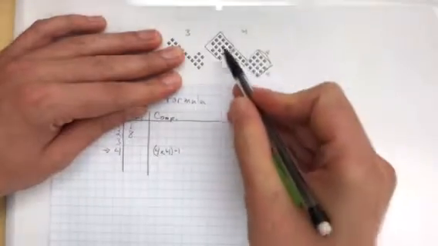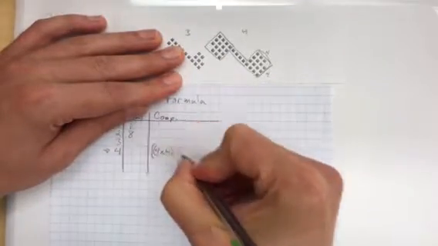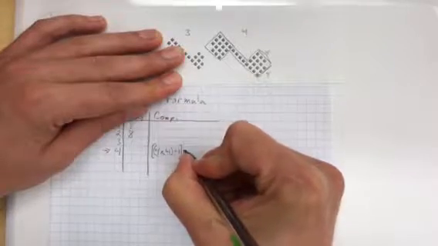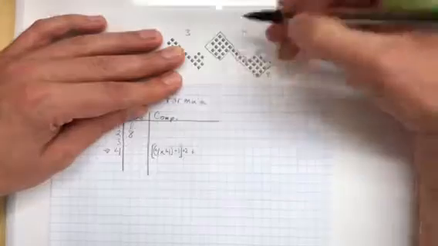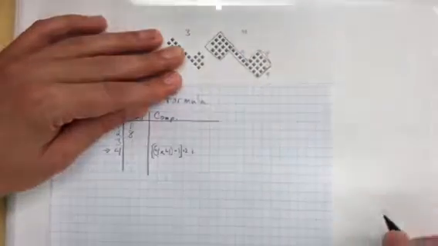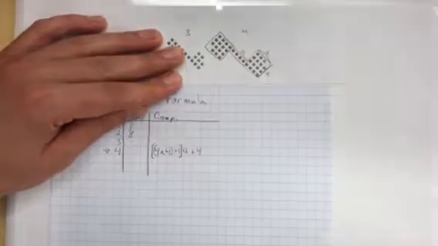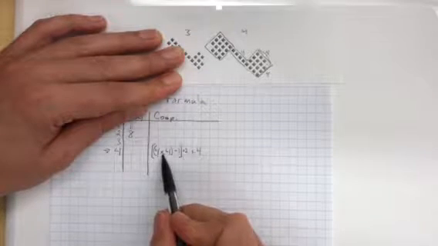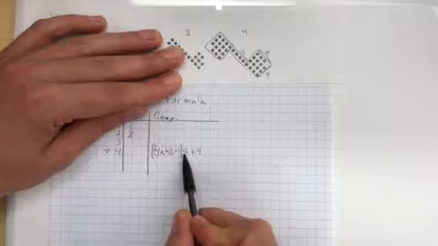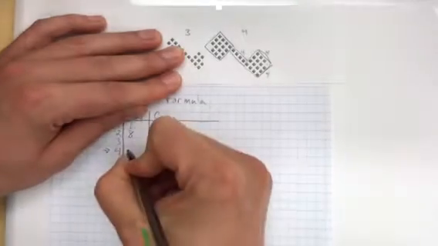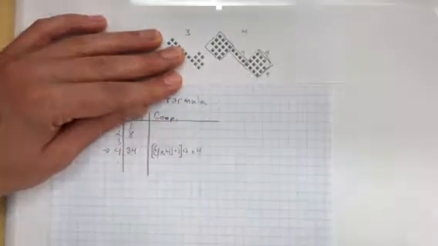And then there's 2 of them, so you multiply by 2. And then you add in this group here, it's 4. And that gives us 16 minus 1 is 15. 15 times 2 is 30. Plus 4 is 34. Okay?